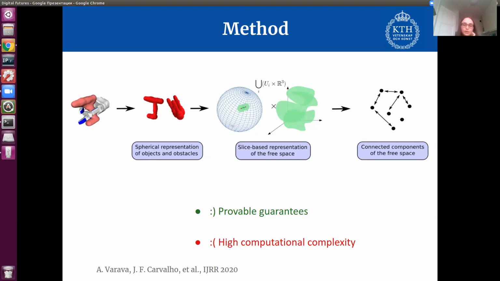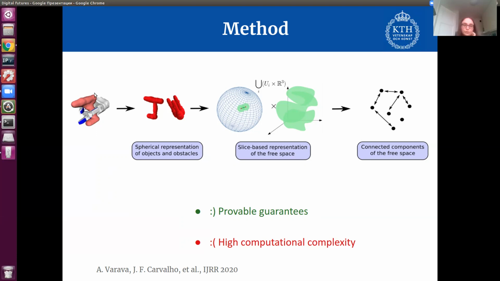Okay, but as I said, the main challenge here really is the high computational complexity of this approach. And unfortunately, if we approach it from a purely analytical perspective, this is inevitable because, as I said, the complexity of the system grows exponentially when we add more degrees of freedom.